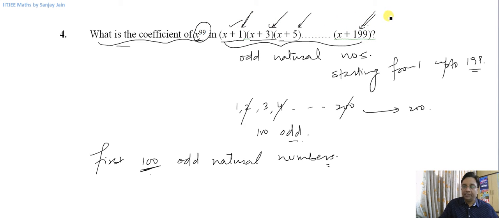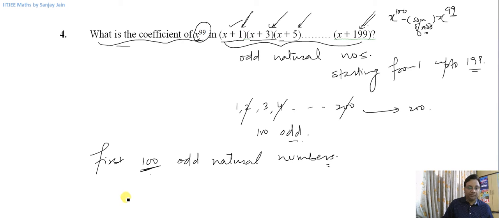So the highest power of x will be x raised to power 100, and then there will be x raised to power 99, and we have already seen how to calculate the coefficient of x raised to power 99 in case we have got 100 brackets. So it will be negative of the sum of roots, right? And what will be the sum of roots here?